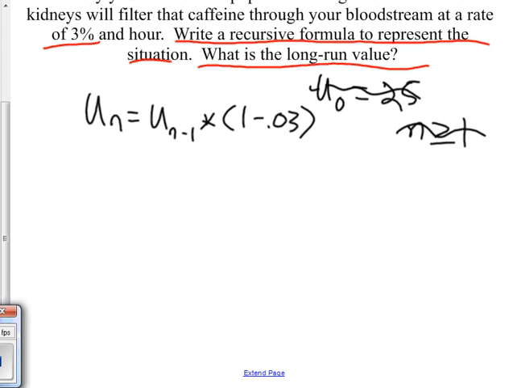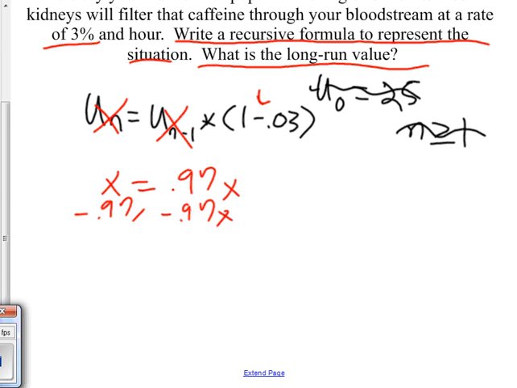So to find the long run value from here, same thing. Just putting x's in and solving. So x is equal to 0.97x. And we're subtracting 0.97x from both sides. You end up with 0.03x is equal to 0, since 0.97x minus 0.97x is 0.